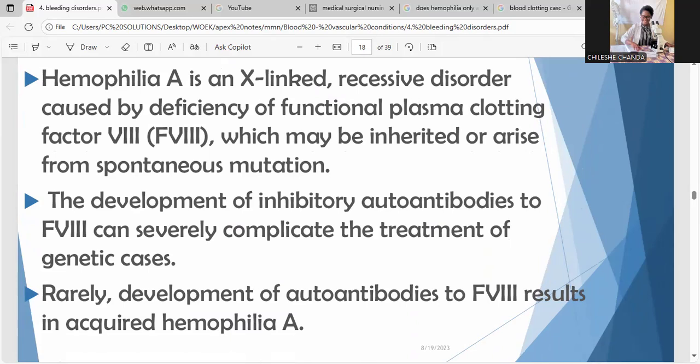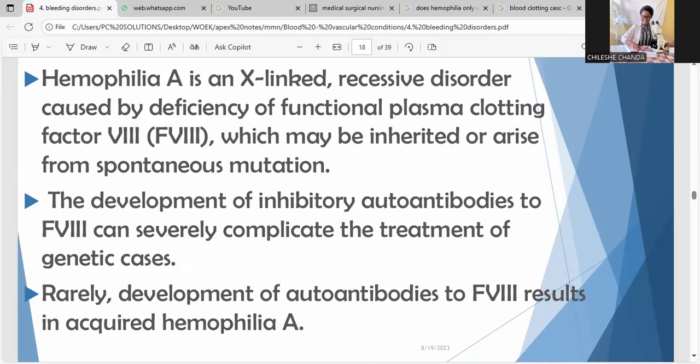So hemophilia A will be on the X chromosome and it will affect factor 8. That means factor 8 is not there in a person who has hemophilia.